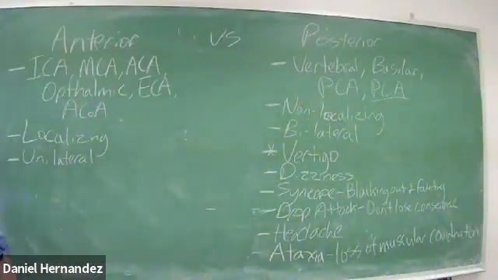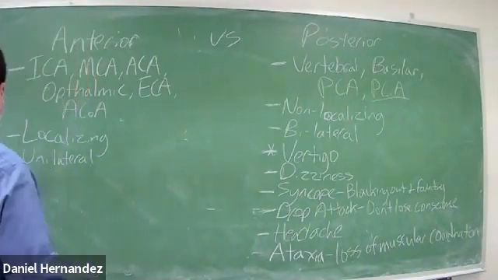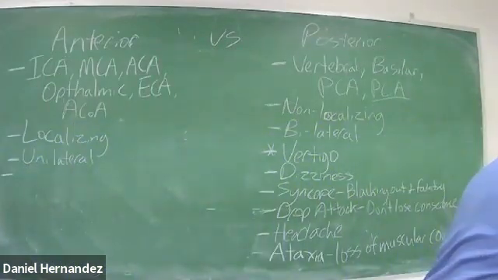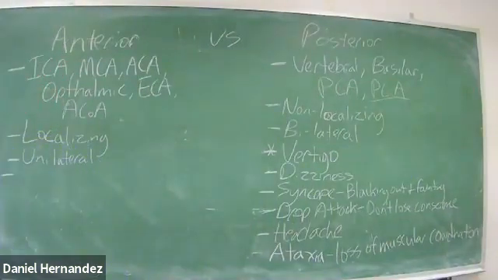So under anterior circulation, we know that these are going to be our unilateral symptoms. It's going to be our paresis or slight paralysis, or hemiparalysis.